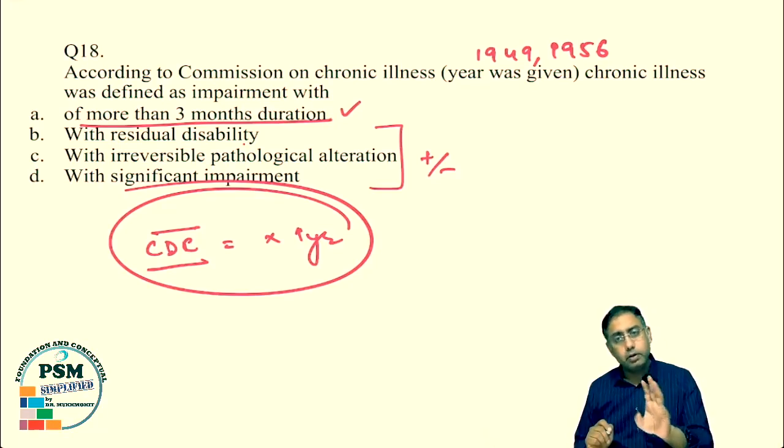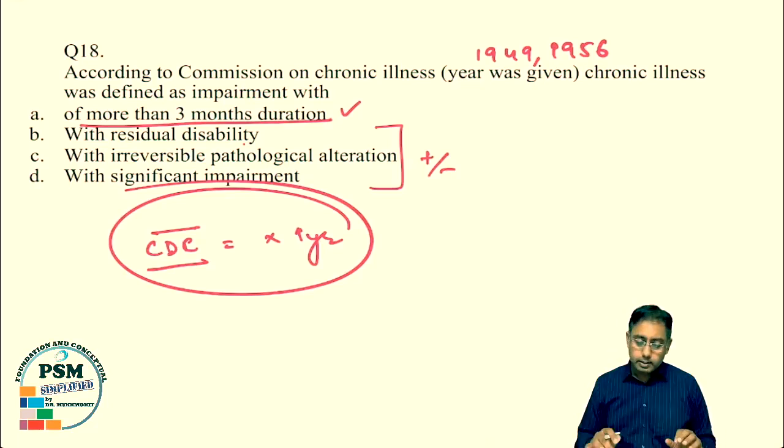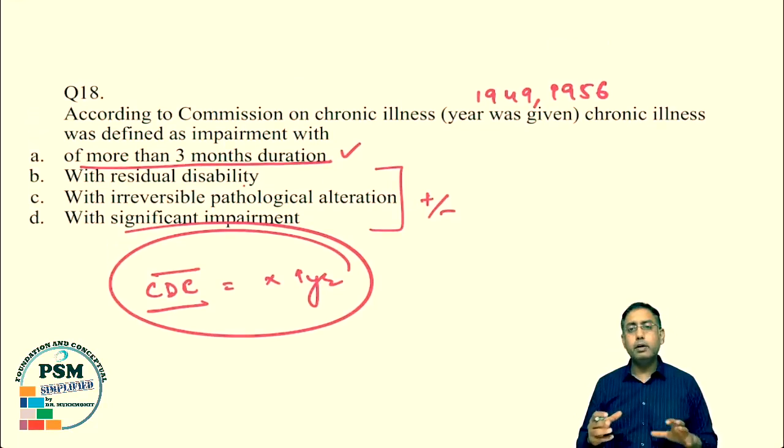More than 3 months, we call that chronic illness. CDC is particular in the sense that there is a lot of budget and financial liability involved along with chronic disease, so they might have taken that as criteria. But anyways, this question is pretty simple. I would like to mark option one as my best option.